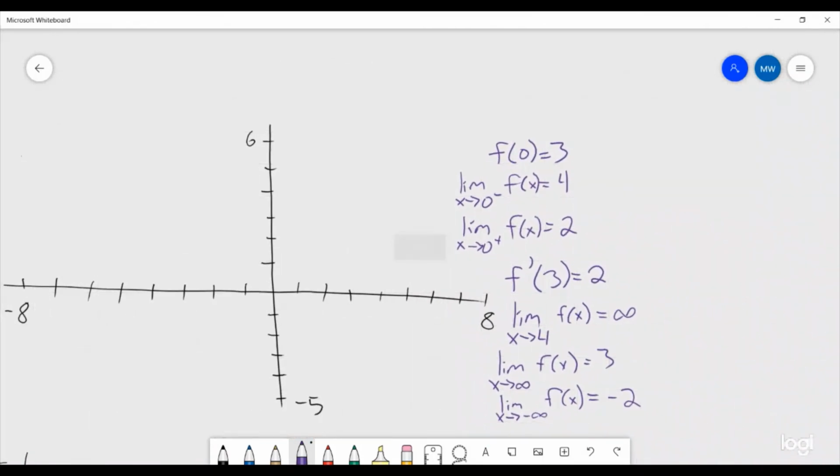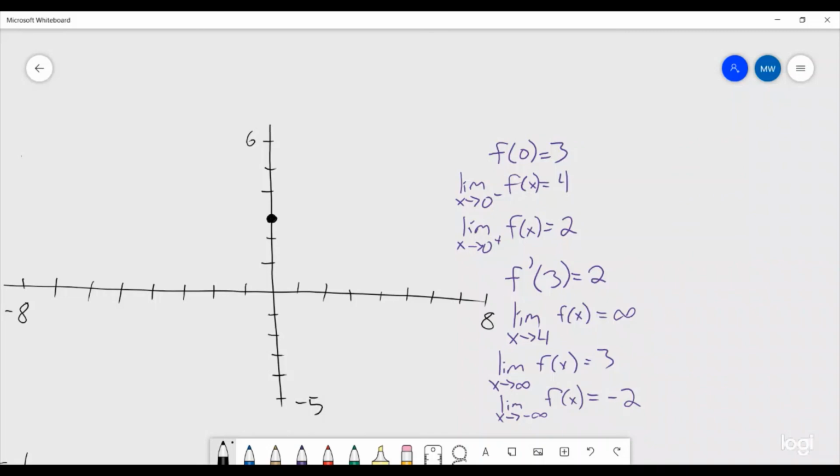So let's figure out how we might be able to graph all of these different things. Well, the first thing is we need the value of f at 0 to be 3. So that means we need to at least have that point be defined. We also need the limit as x approaches 0 from the left to be 4.